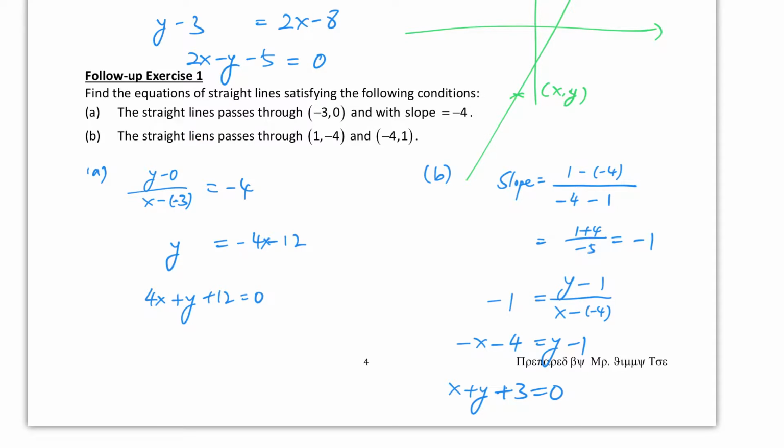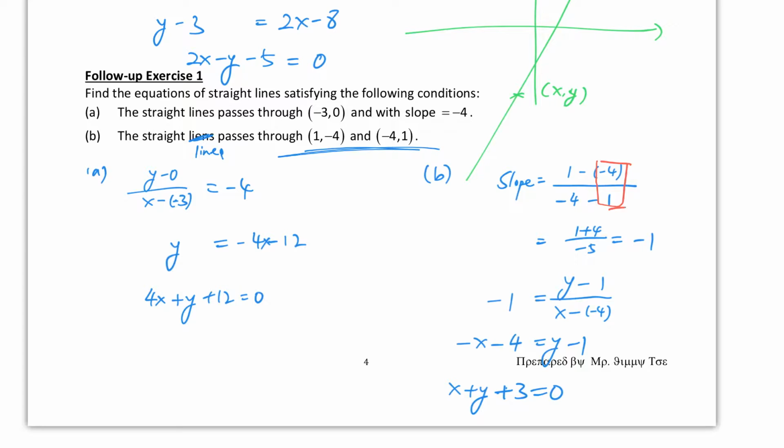This is line, okay. Find the straight line passing through (1, -4) and (-4, 1). This time we do not have the slope, so I need to find the slope first. According to the formula (y1 minus y2) over (x1 minus x2), you can form the slope, but I also want you to check. In general, there are two mistakes.